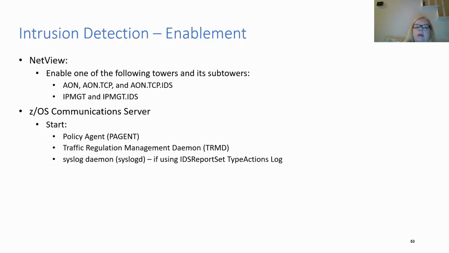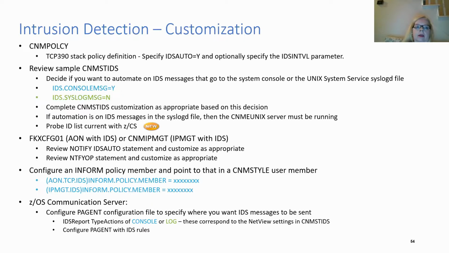You cannot enable it in both AON and IPMGT at the same time. From zOS communication server standpoint, you need the policy agent, the traffic regulation management daemon or TRMD, and syslog daemon or syslog-D. And that's if you're using the report set type actions log.